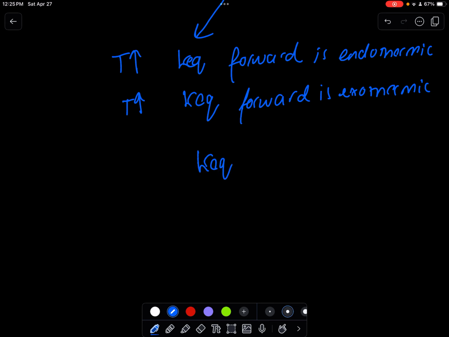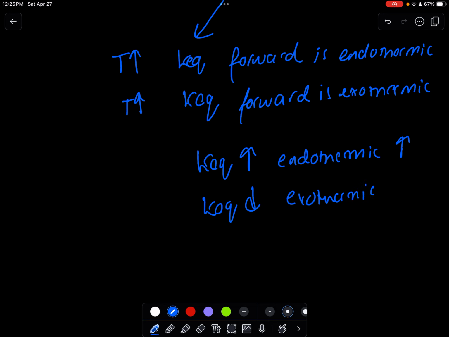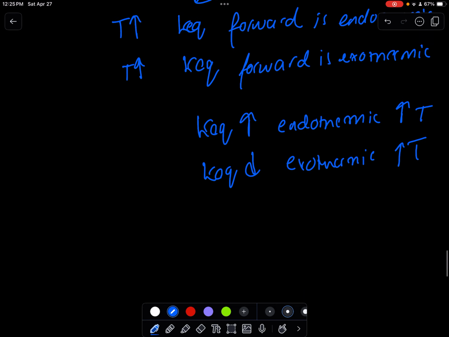So KEQ goes up when the temperature of an endothermic reaction increases. And the reason is because increases in temperature favor endothermic reactions. KEQ goes down when the temperature of an exothermic forward reaction increases. So, KEQ increases when we increase the temperature of an endothermic reaction, and KEQ decreases when we increase the temperature of an exothermic forward reaction.